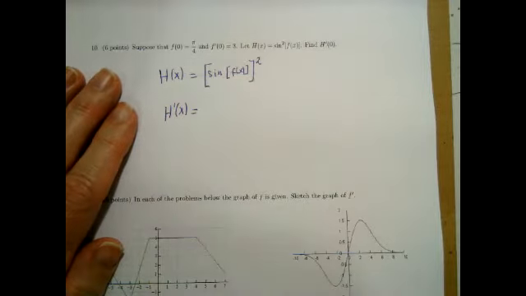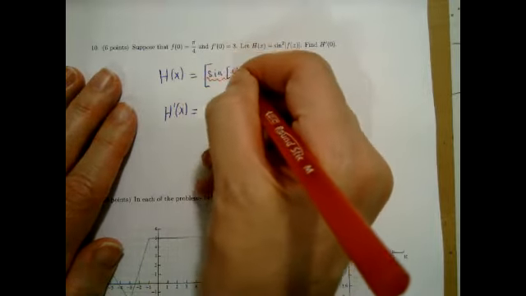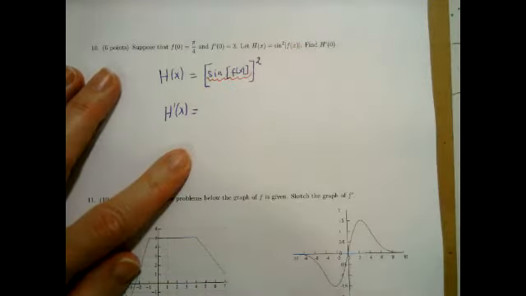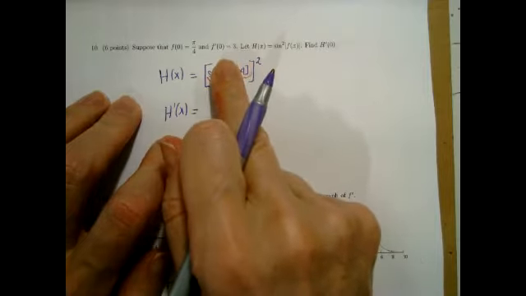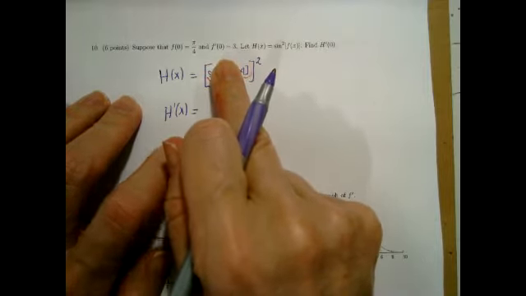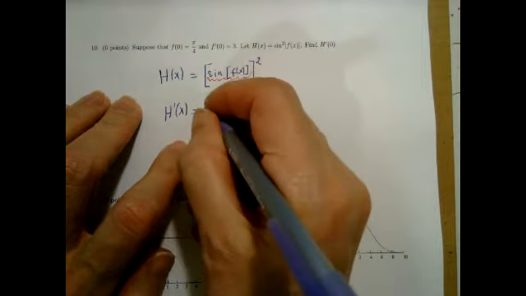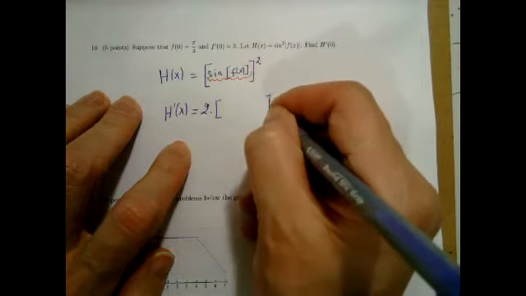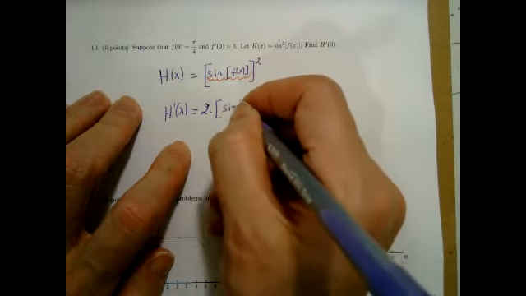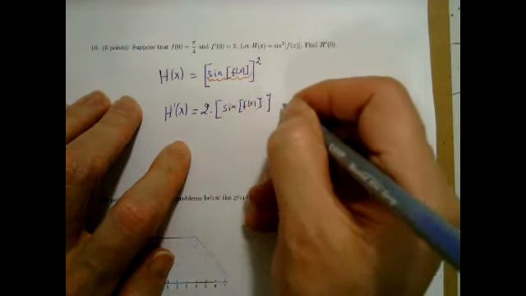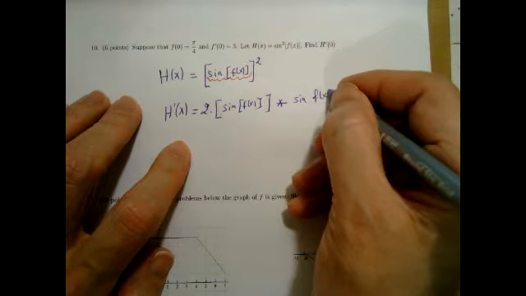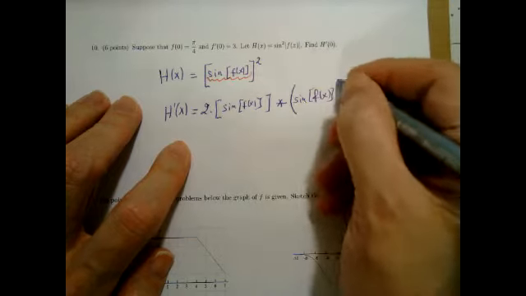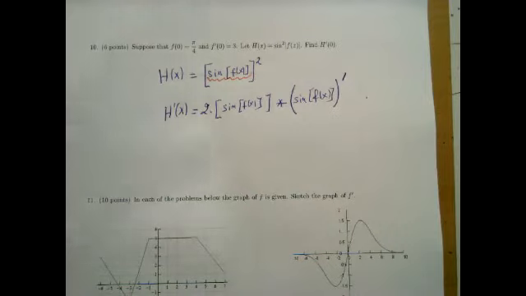Equal to. This is the chain rule, because that's my inside to the power 2. So the chain rule tells me it's equal to the derivative of the outside. So the outside is u squared. The derivative of the outside is 2u, but we evaluate it at the inside function. So 2 times the sine of f of x times the derivative of the inside. That's the chain rule. All right, now let us keep analyzing that.